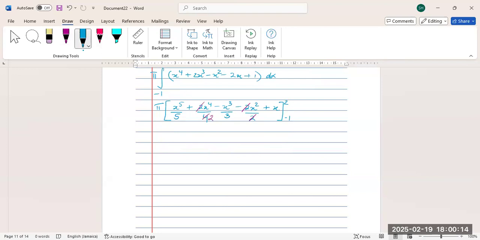And then now I'm going to have, remember, it's the upper limit minus the lower limit.